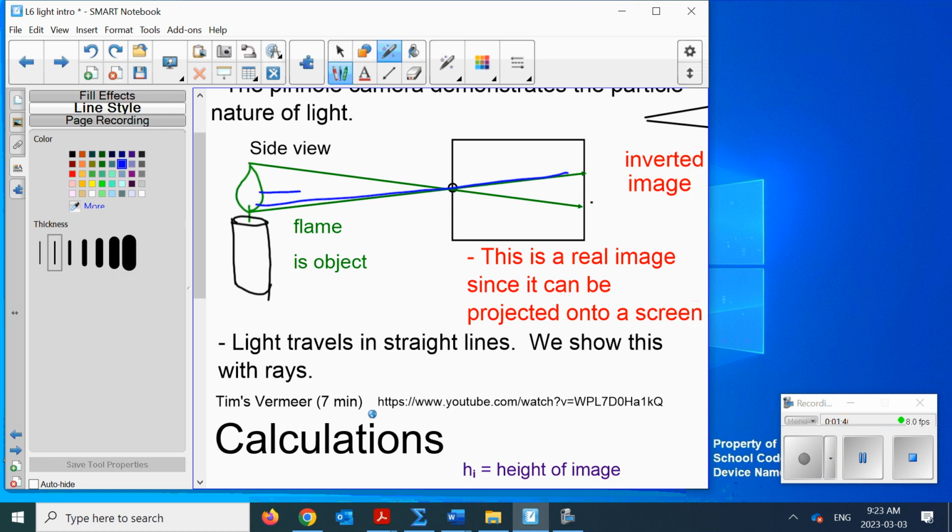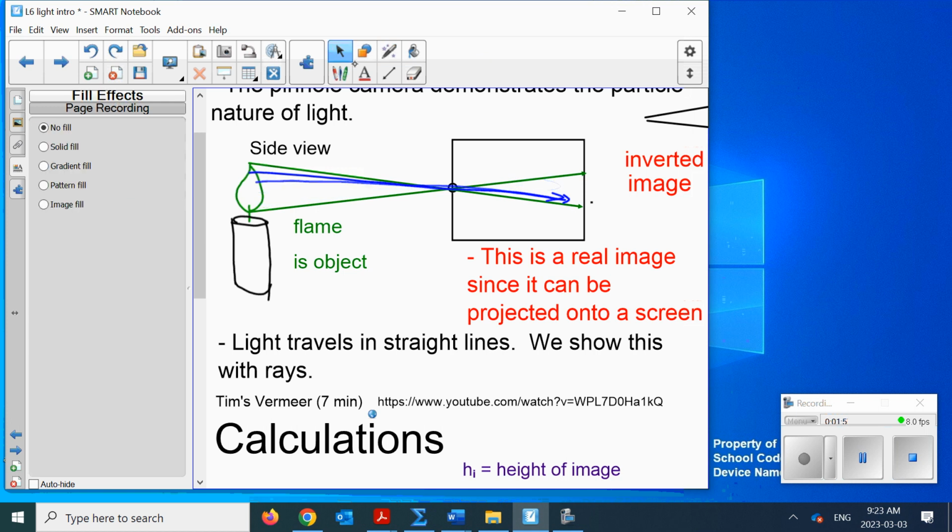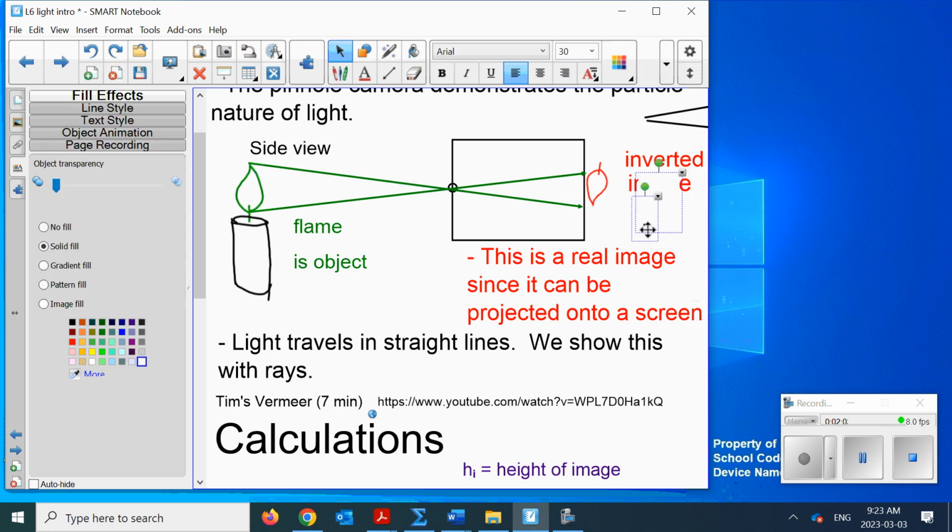I'm not drawing a straight line. Every point has to pass through this pinhole, right? You're going to draw the green line. So what happens is light from the top, etc., forms this picture of the candle.